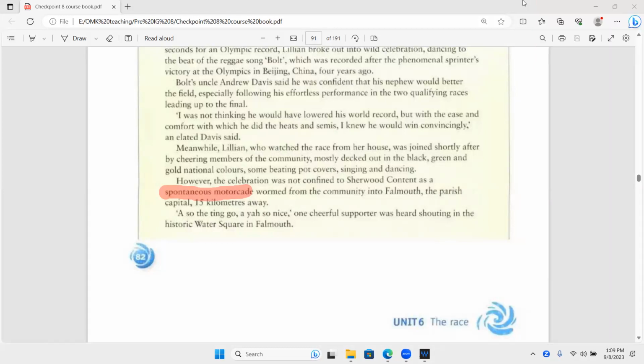I think it's something like a vehicle. Yeah, vehicles, of course, motor. How motorcade, the vehicles, a line of vehicles. Motor vehicles carrying important persons.